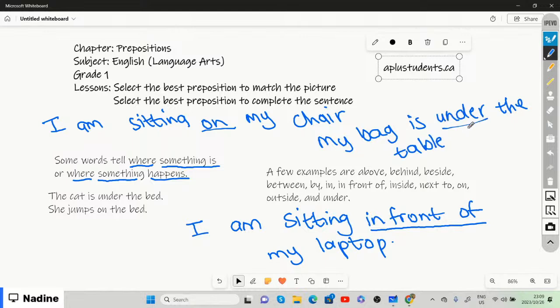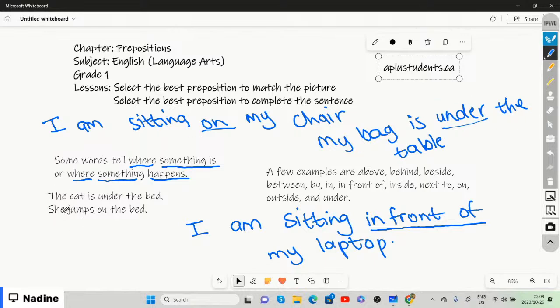The word under is a preposition. So the words that are underlined either tell us where something is or where something happens, and that we call prepositions. It's either on, under, in front of, on top of, behind, beside, next to, between, by, and so on.